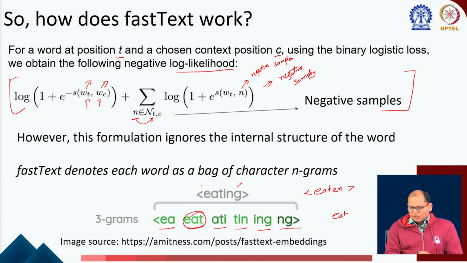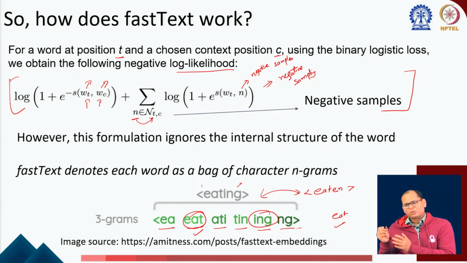So between these two words you will have this character n-gram in common, and this can be helpful. Similarly, eating and playing have ING in common. ING is a particular form that gives me an association between eating and playing.